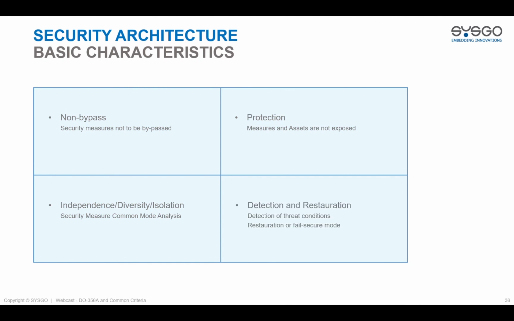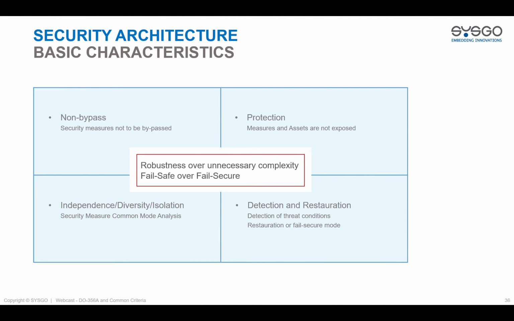But here comes an important difference to usual security mechanisms and recovery. Because we are talking about security for safety, we always have to make sure that our intrusion detection system does not shut down any communication lines which are necessary for the pilot to fly the plane. For example, if you detect an attack and shut down the AFDX line, the pilot would no longer be able to fly the plane.